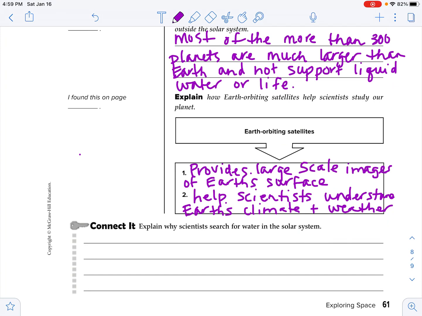Explain why scientists search for water in the solar system.